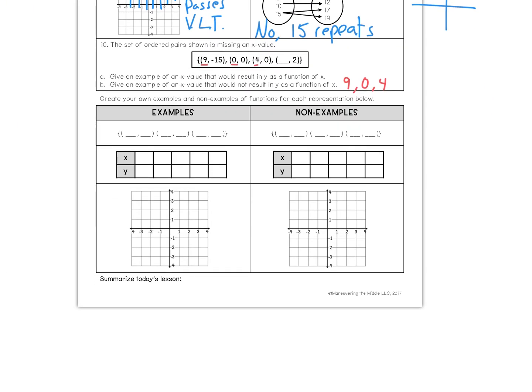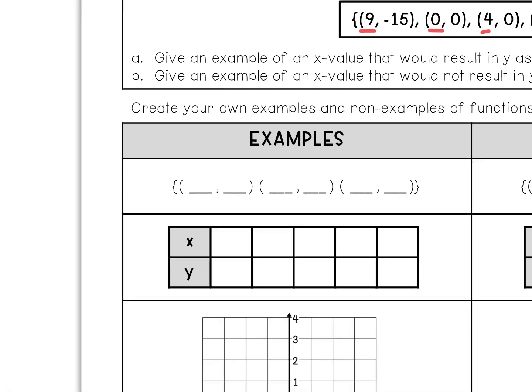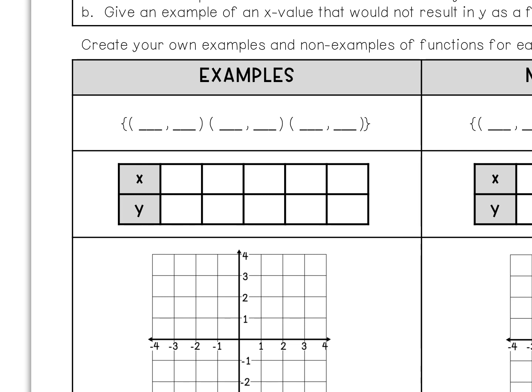So in the bottom, I want you to do the left one real quick. So I want you to put down some points that don't repeat. So just pick any point. It doesn't matter what your numbers are as long as X doesn't repeat, okay? If you want to start with the graph and then go back to the table, then go back to the points, that's fine. Or if you want to start with the points and then go to the graph, that's fine too. And points are X, comma, Y, right? Wait, do we have to give 3 different examples?